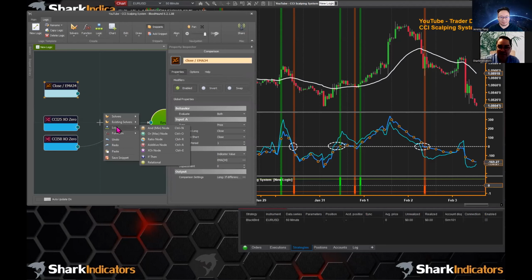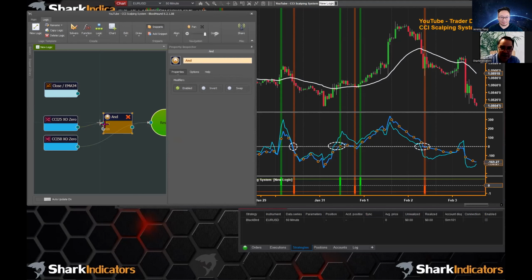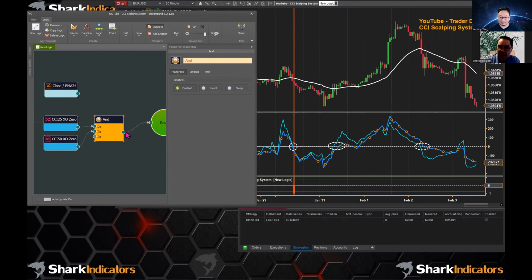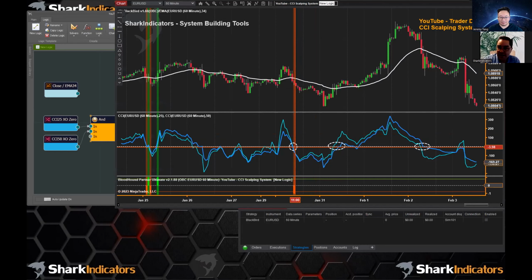So all right, the next thing is we need both of these CCIs to cross that zero line. So we're going to use an AND node here because we need the CCI 25 and the CCI 50 to cross that zero line. When we combine it together, we can see that some of these crossovers have been stripped out.